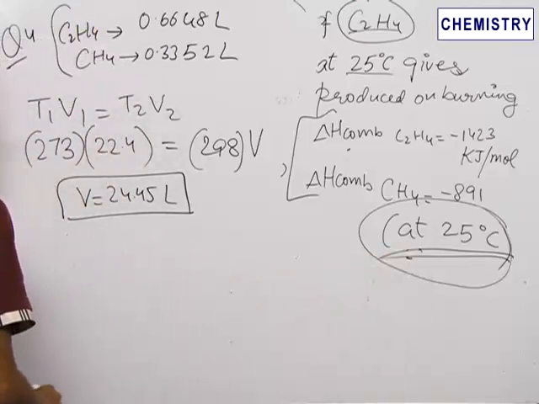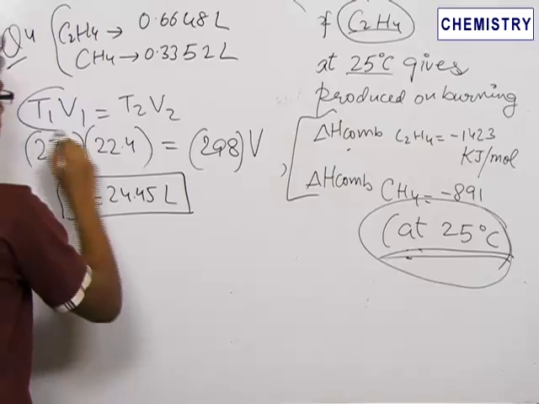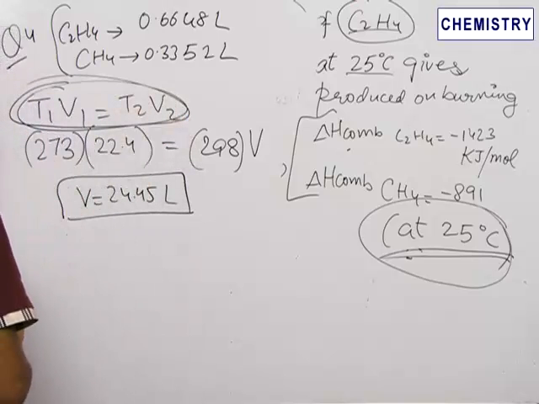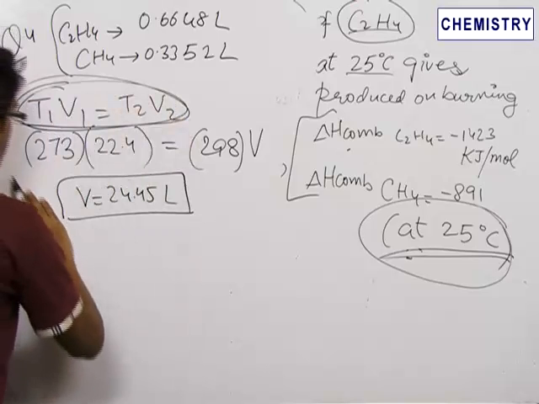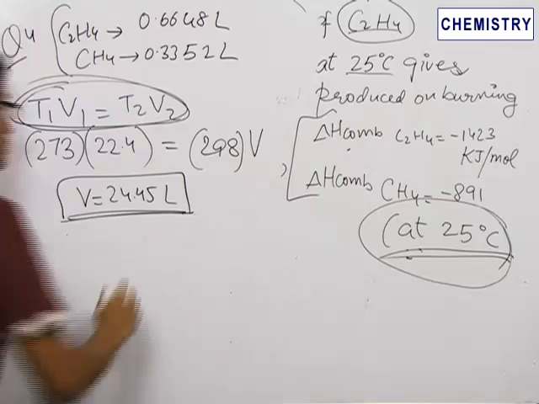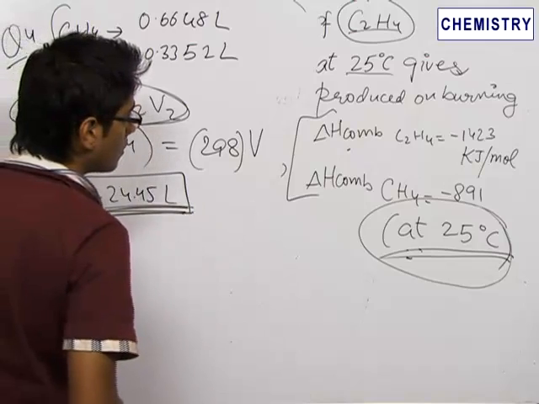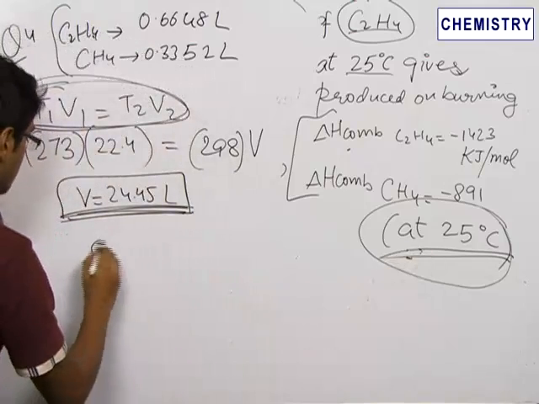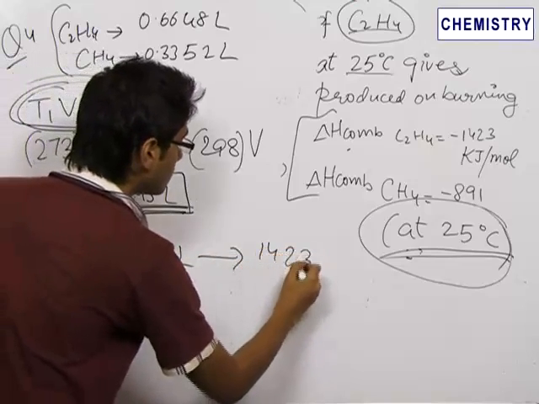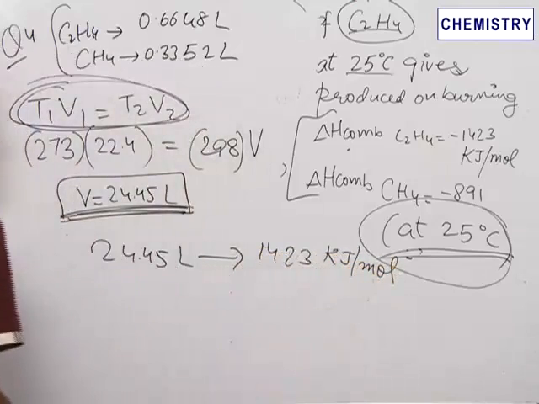Since pressure is constant and we have the volumes at 0 degree centigrade, by applying the Charles law or applying the law T1 V1 equals T2 V2, we get the volume at 25 degree centigrade. The 24.45 liters of C2H4 at 25 degree centigrade produces 1423 kilojoules per mole of heat.